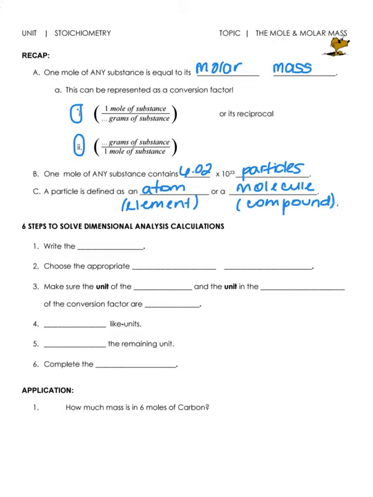To be successful at solving dimensional analysis calculations in the stoichiometry unit, there are 6 steps that you should do. And you can find these 6 steps written out in the Google slide presentation. So let's just go ahead and fill out our notes section. So the first step is to write your given from the problem.